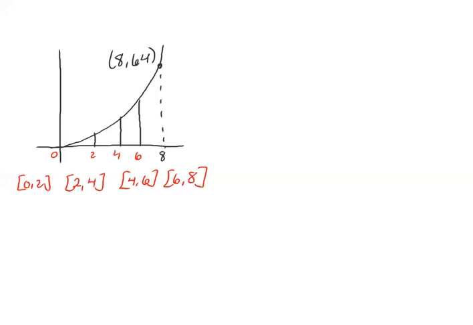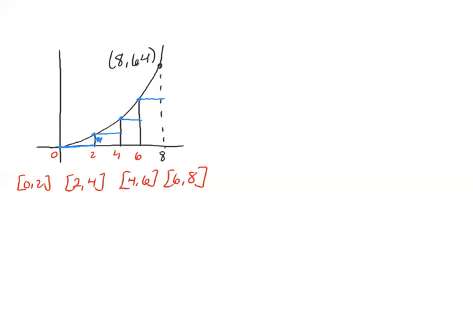So if I use a left endpoint for the height of this first rectangle, that is what my rectangle would look like. I use a left endpoint for this rectangle, looks like that. There's that, and there's that.